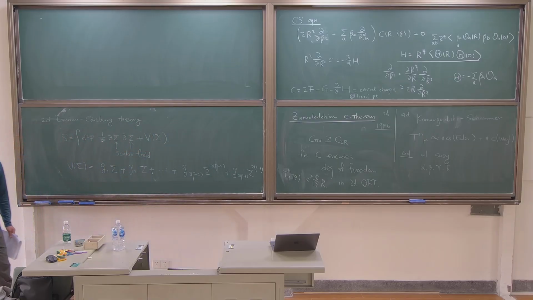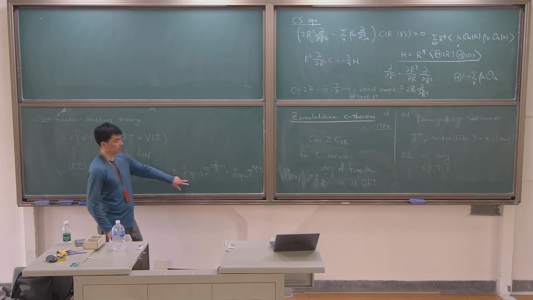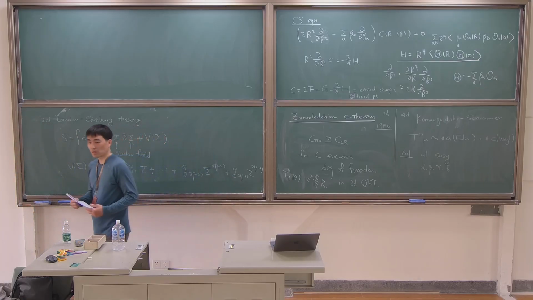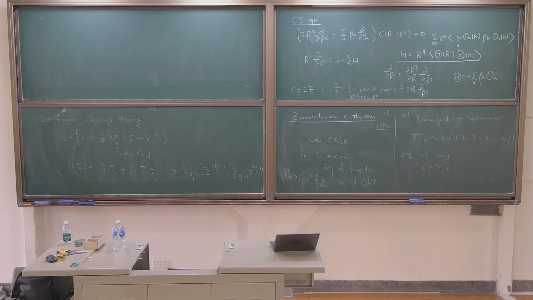Okay, so this is a polynomial potential. These are coupling constants.